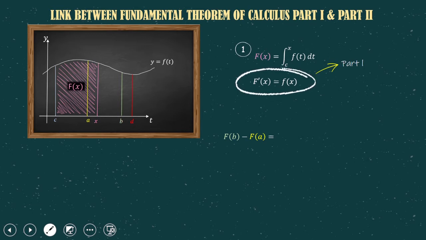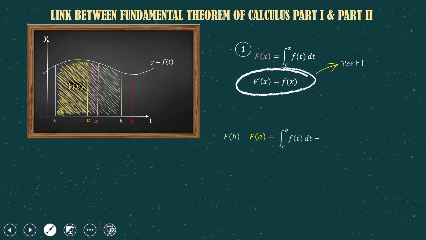The region for F(b) is right here, so we can denote it as the definite integral from c to b of the function f(t), which is the green shaded. Okay, so for F(a), we can denote it as this right here. The definite integral will be like this: the definite integral from c to a of the function f(t).